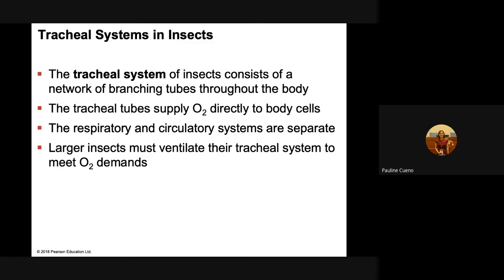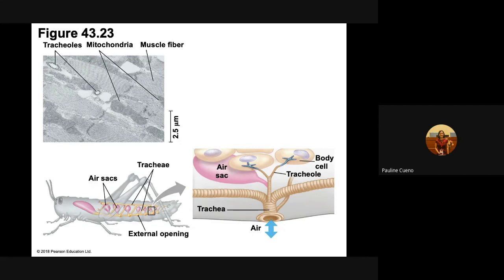So if you look at this diagram, you will see here na ito yung tracheal tube nila, which is the passageway of the air. And as you can see also here, marami siyang tracheal openings dito in order for it to meet the demands of the oxygen, yung needed oxygen of the insect. So, the larger the insect is, kailangan mas madami siyang tracheal tubes or trachea.